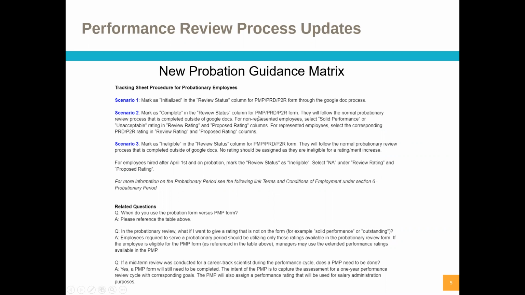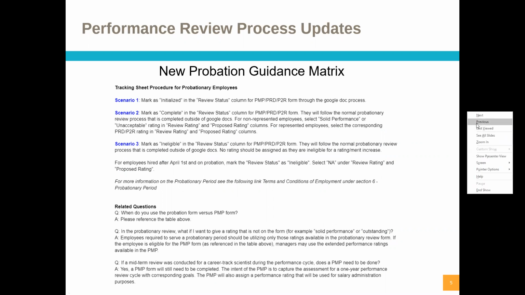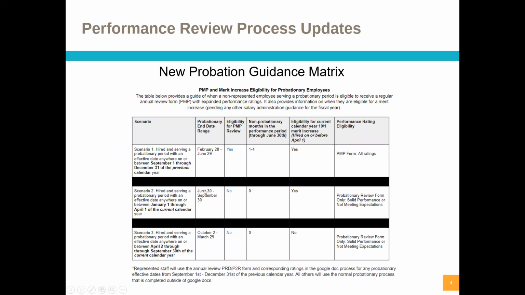You have 3 scenarios, and each scenario depends on these dates. Right. But for the sake of this question, scenario 2. So they're not going to get a PMP, but they're going to get their probationary review. Do we mark them ineligible or do we mark them complete? You would mark these complete.